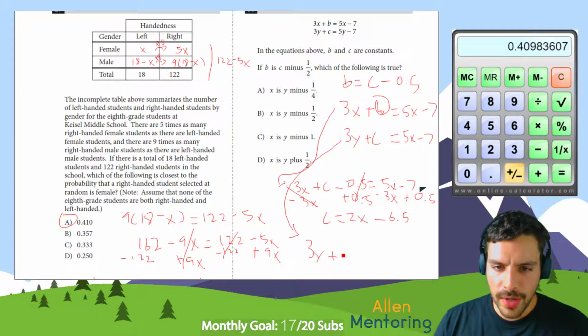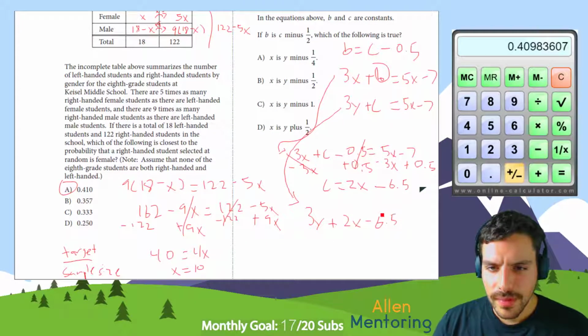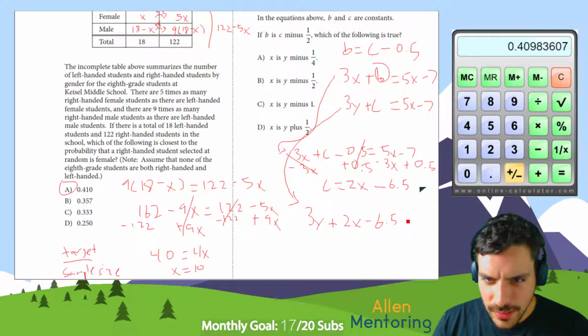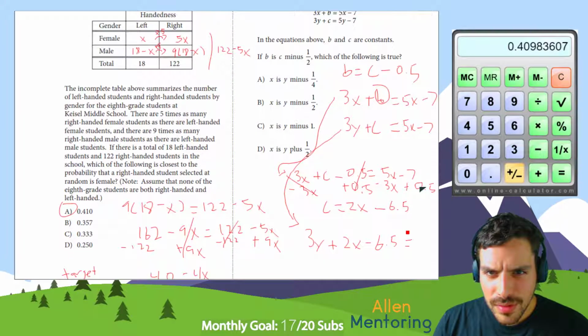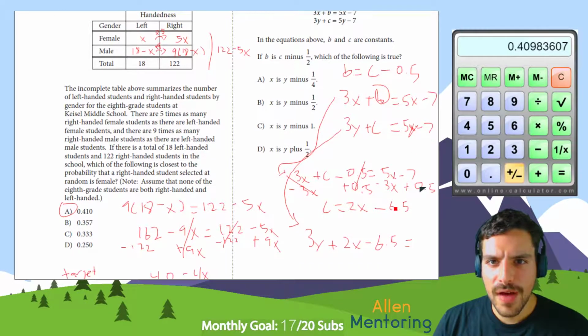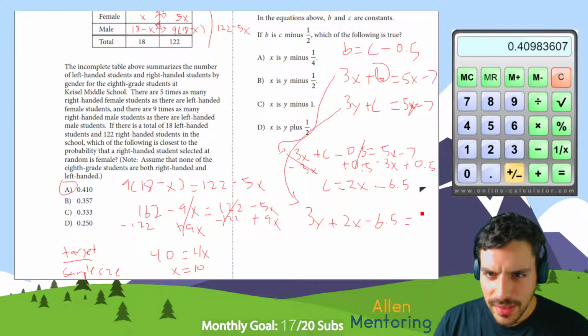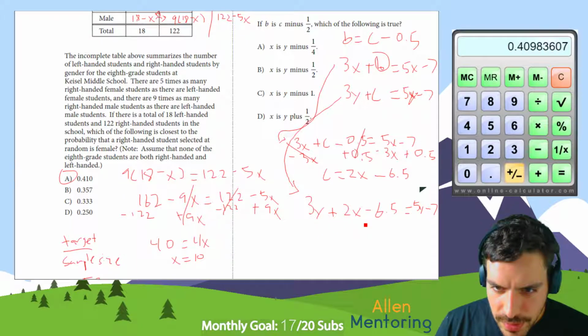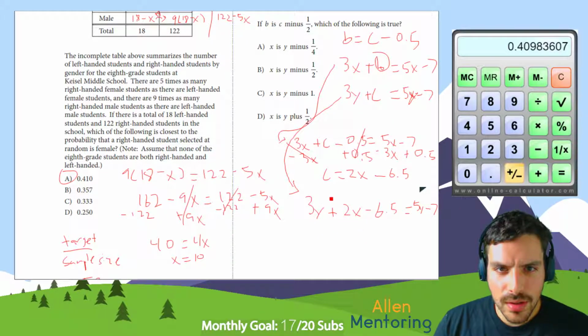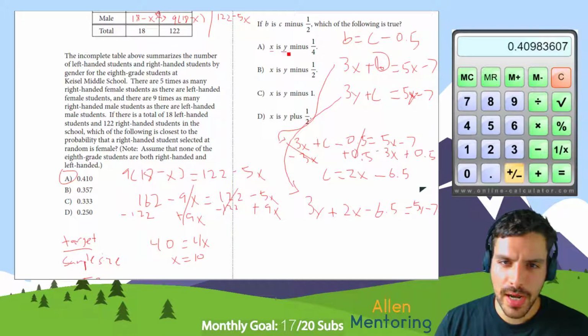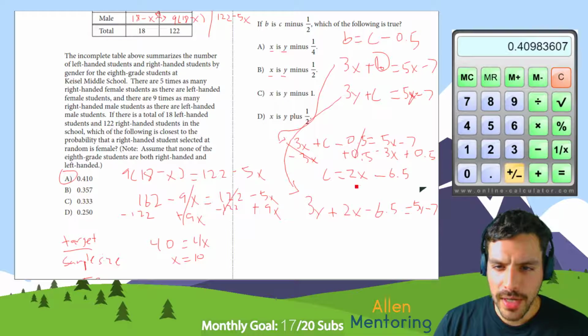So instead of c, I'm going to write 2x minus 6.5 is equal to, this is a y actually, sorry, 5y minus 7. Okay, and so now we want to get x on one side and y on the other, right? Because all the solutions are in terms of x. So let's get the x's on the left and all the y's on the other side.